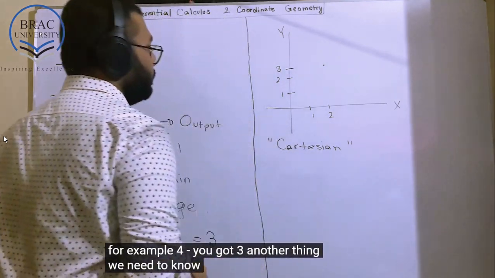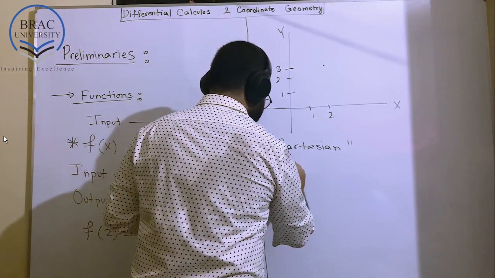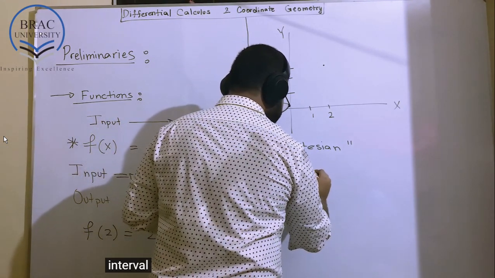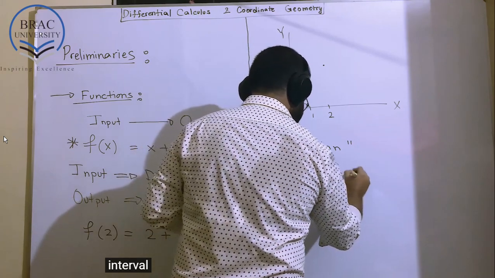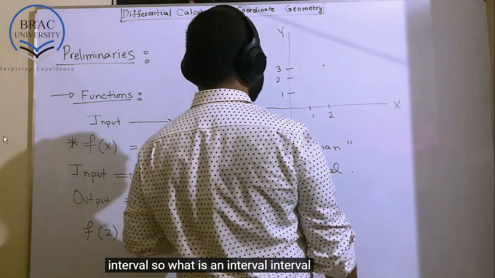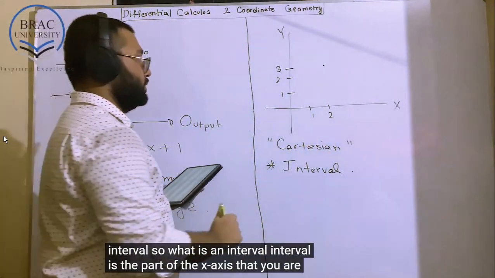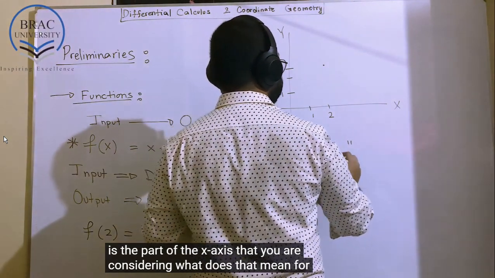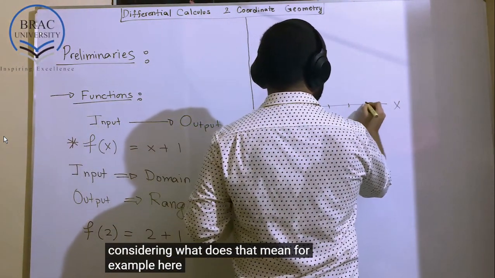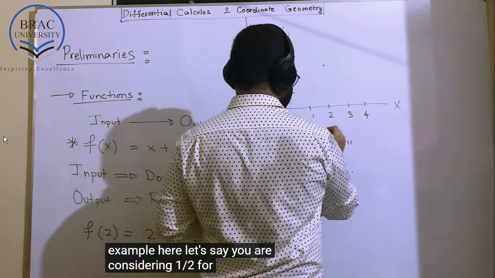Another thing we need to know is something called an interval. So what is an interval? An interval is the part of the x-axis that you are considering. What does that mean? For example, here, let's say you are considering 1 to 4.